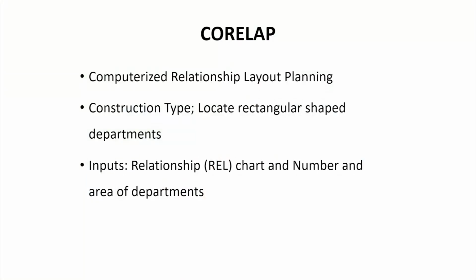Now, coming to the second technique, that is CORELAP, a computerized relationship layout planning. There are two types of software, two types of algorithms, heuristics: one is called construction type, another is called improvement type.